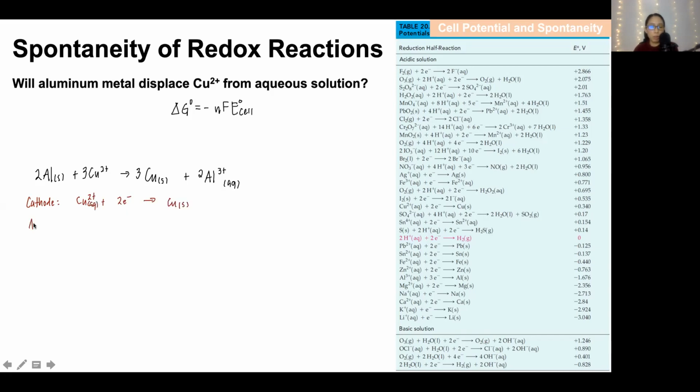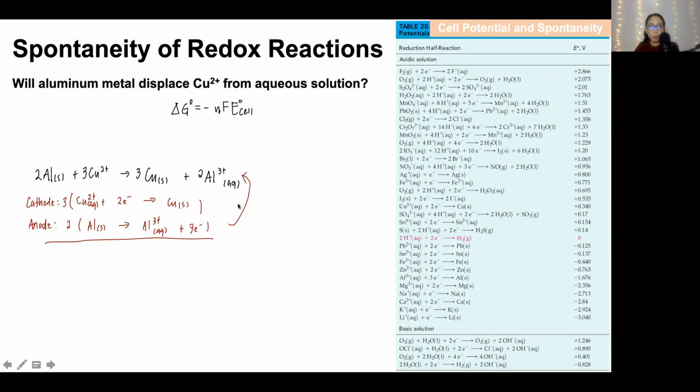And your anode is the one that is oxidized. So you have solid aluminum forming aluminum ion plus 3 electrons. And then again, the number of electrons must be equal for both half reactions. So we have this balanced redox reaction.